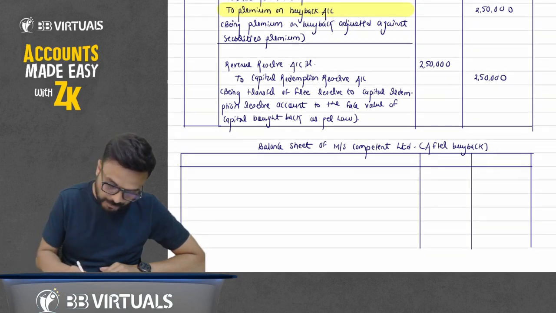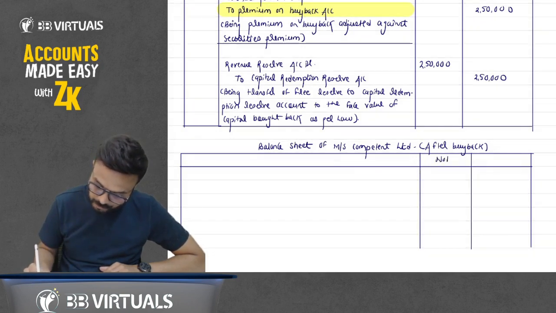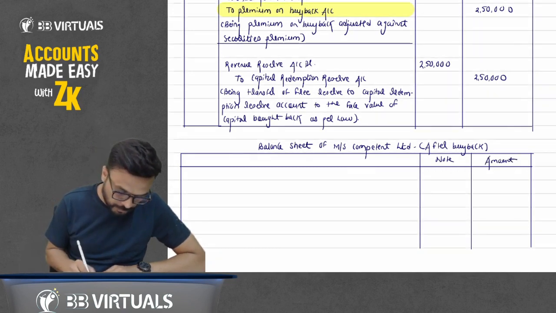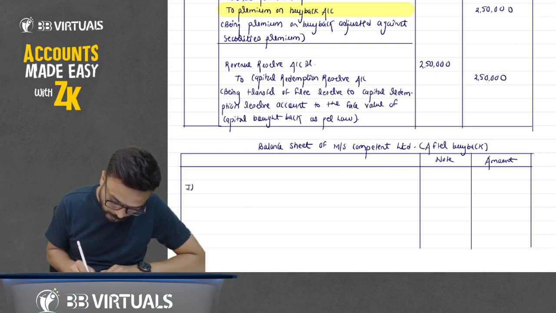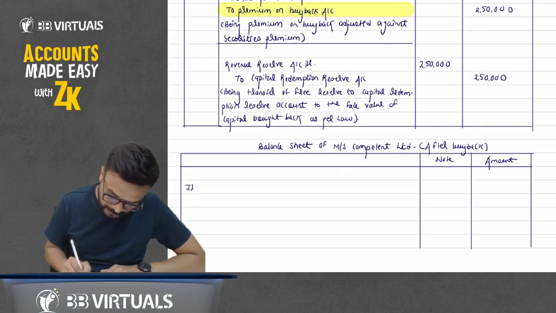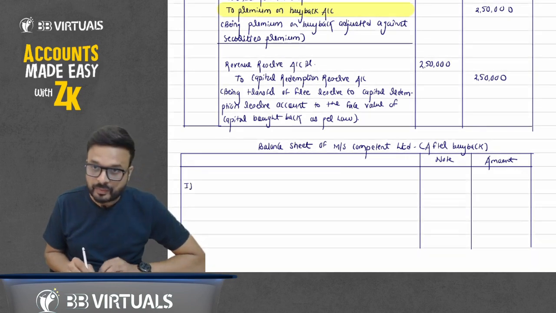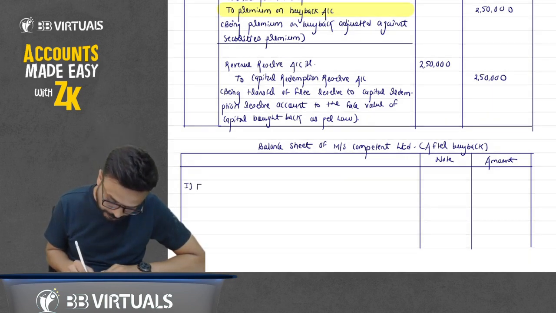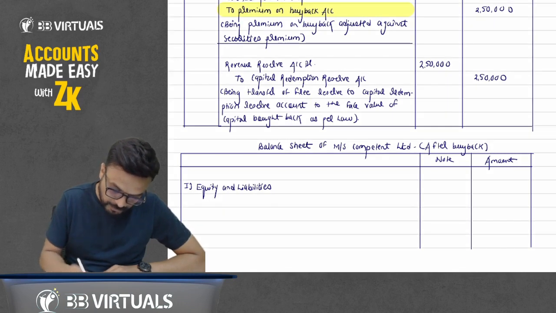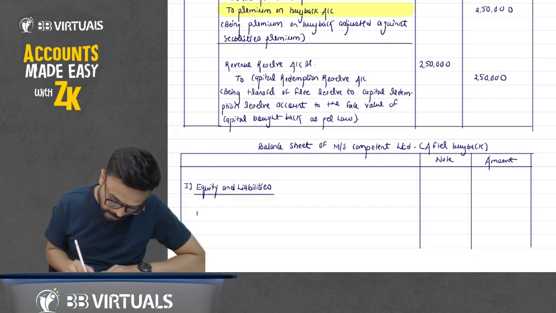So write down there note, amount. So first equity and liabilities. Shareholders fund.